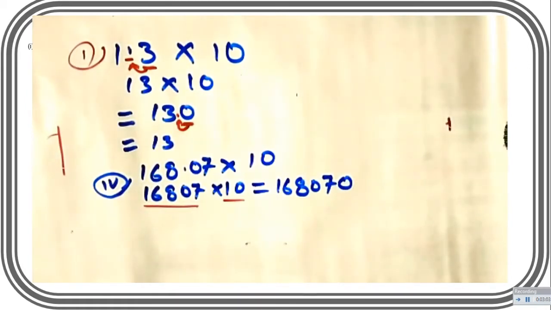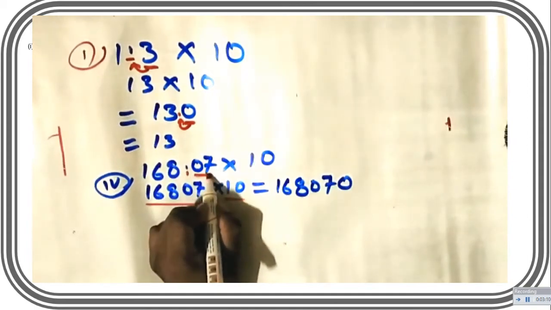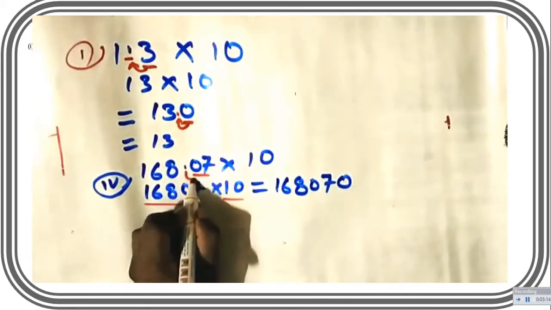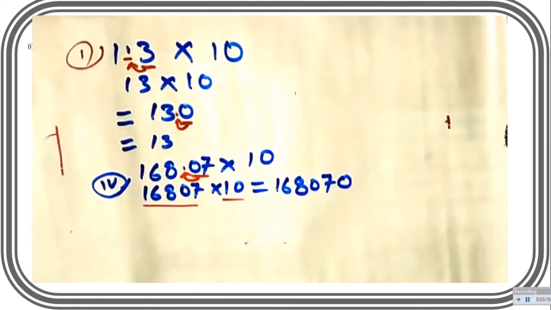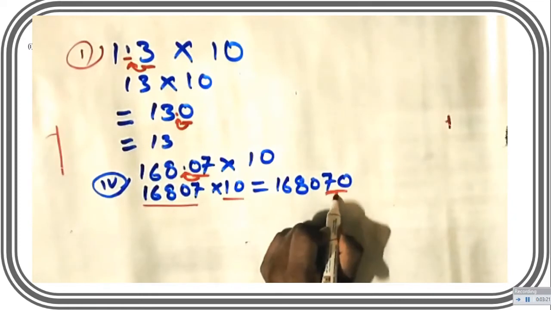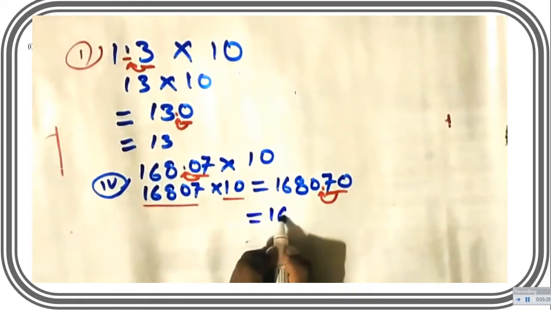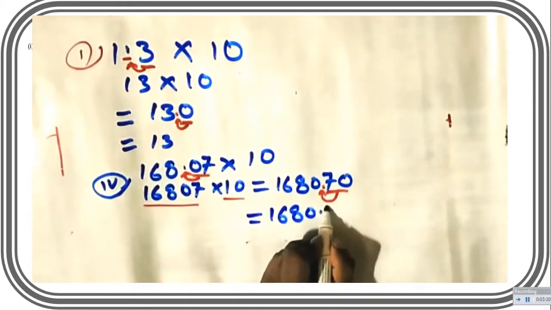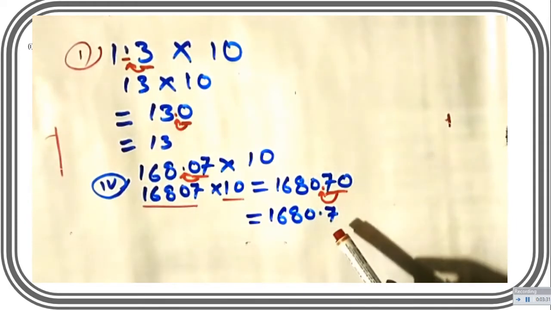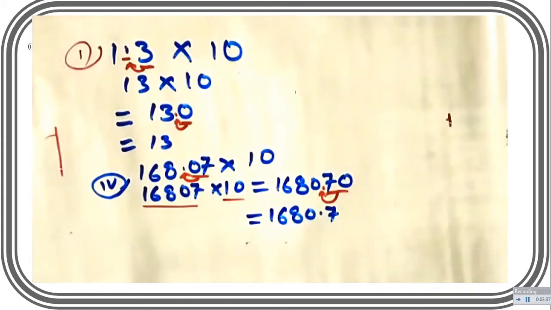Hope you know how to multiply these two numbers. Now how will we put the decimal? Check how many numbers are there after the decimal point. There are two numbers after the decimal point. Am I correct? So take two numbers from the last and put the decimal point before them. So your answer becomes 1680.7. Why have I written only 7? Because after this number there is no value of 0. Clear?